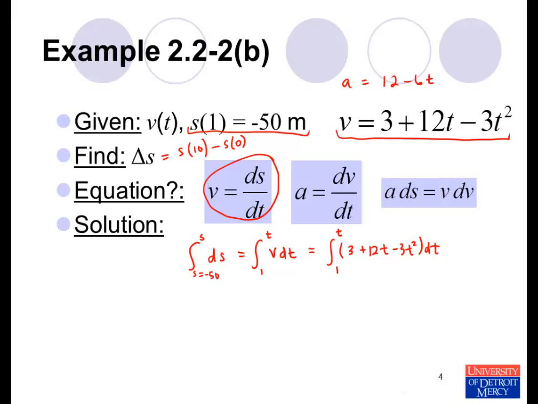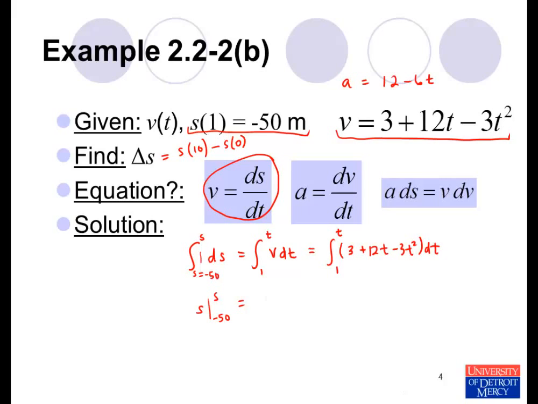So keeping that in mind, we'll go ahead and evaluate this integral. We can imagine that there's a 1 here, so the antiderivative of 1 is just going to be s, evaluated between the limits minus 50 and s. On the right-hand side, we'll evaluate that integral.